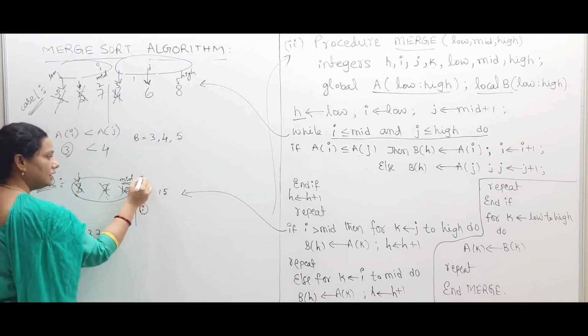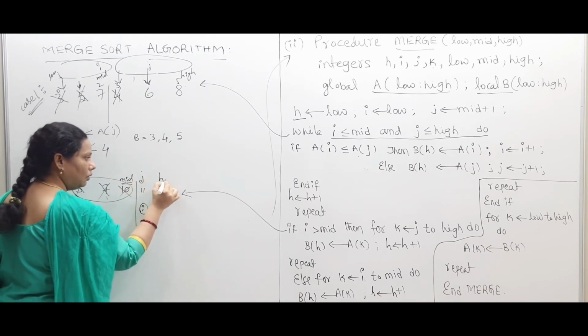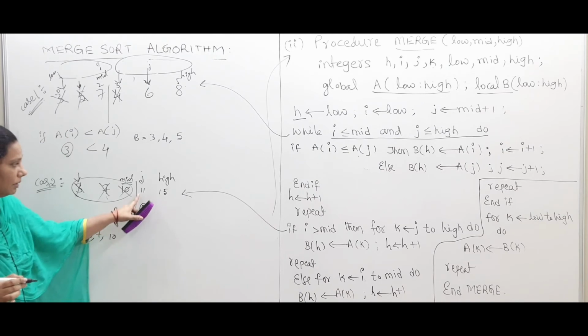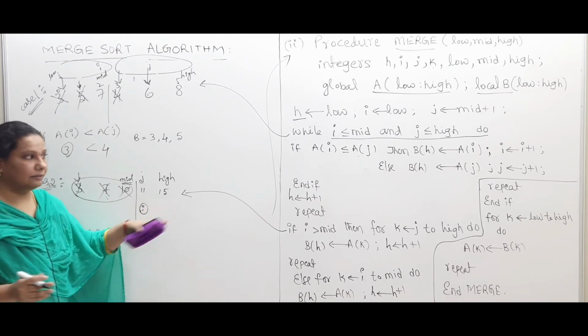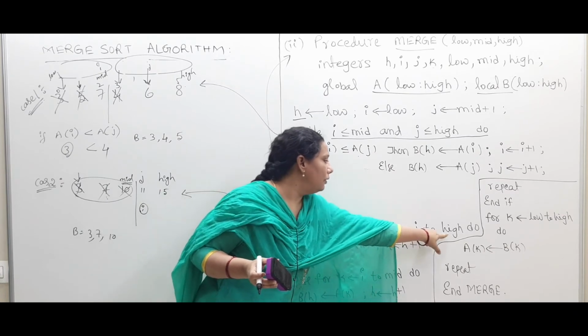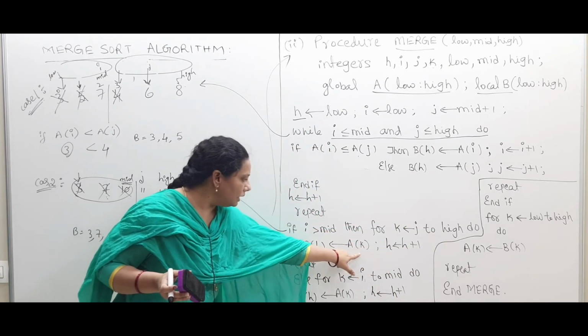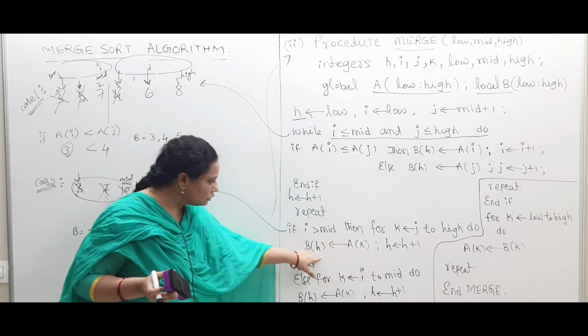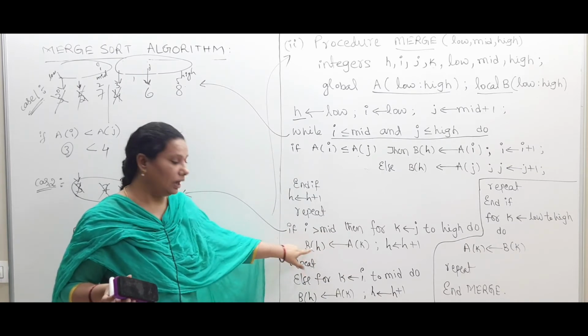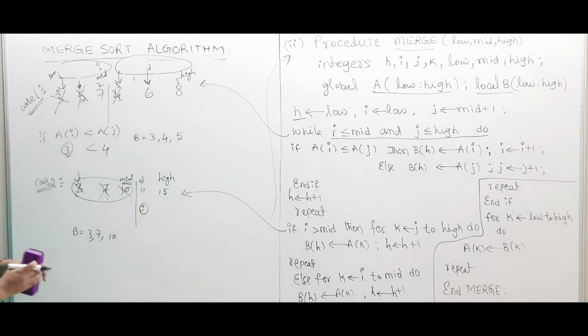Then you transfer the elements from j to high. I am taking one more variable, that is k. Simply you are transferring those elements to b without any confusion. This is nothing but your case 2.